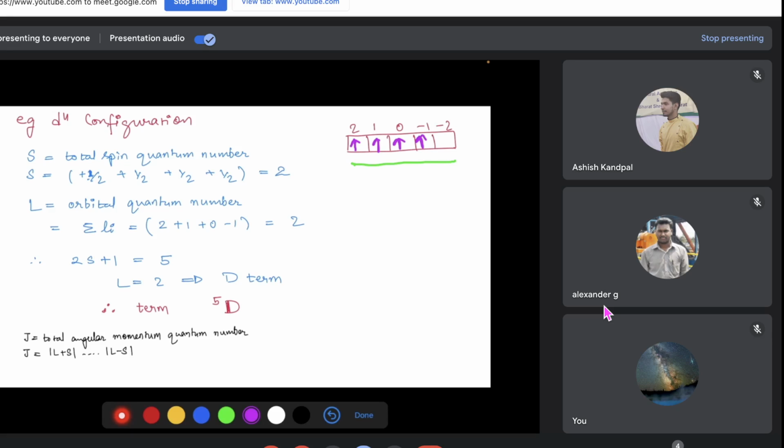If I take plus half each, I get capital S equal to 2. For the orbital quantum number, capital L will be the summation of li, that is plus 2 plus 1 plus 0 minus 1, equal to again 2. The spin multiplicity, 2S plus 1, is equal to 5, and my L here is equal to 2.